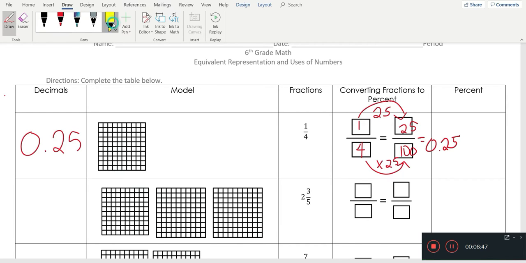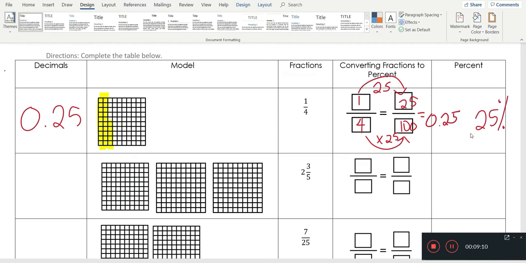We're going to shade this one like 10, 20, and 5. So 25 hundredths in percent is simply 25%. Check your work if it is the same.